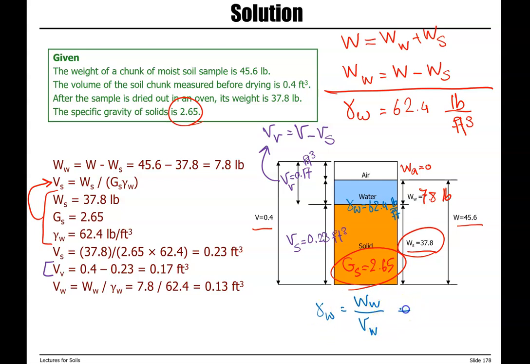So if we rearrange this one, we can calculate volume of water as weight of water divided by gamma W. Weight of water is 7.8 pounds. Gamma W is 62.4 pounds per cubic feet. So you can calculate volume of water as 0.13 cubic feet.